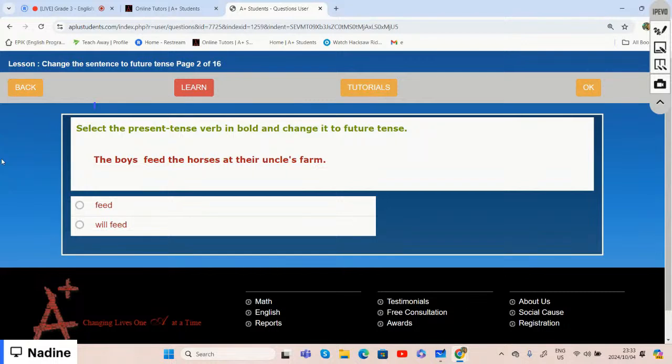All right, and then we will choose option two, which is the boys will feed the horses at their uncle's farm.